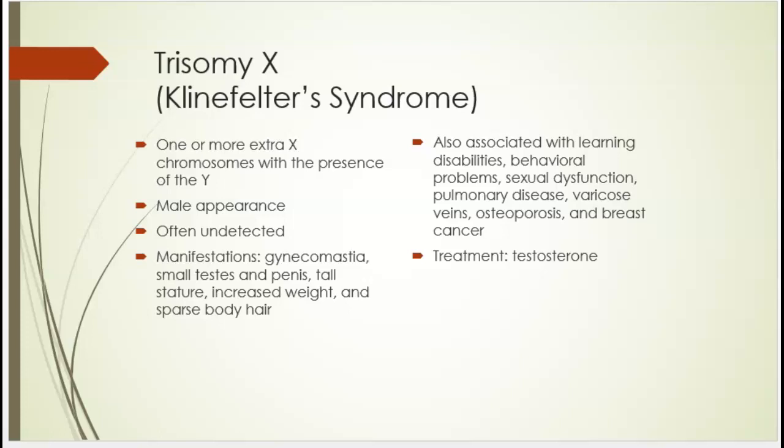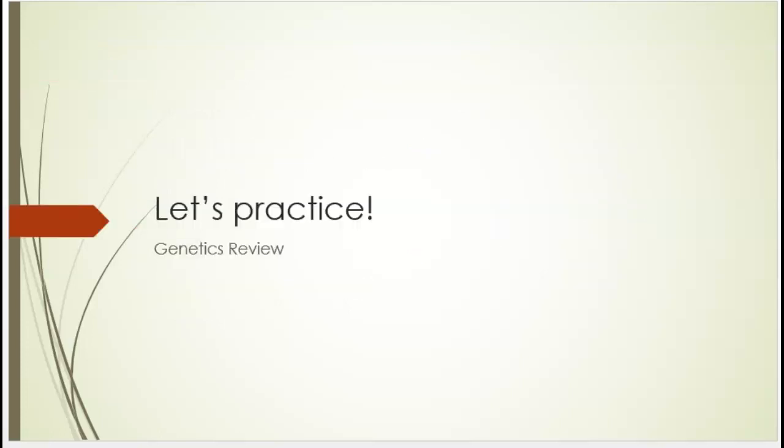Okay, so we are going to practice some of these. Once again, as you're going through, go back. Try to remember what is dominant, what is recessive, what is linked to those sex chromosomes.